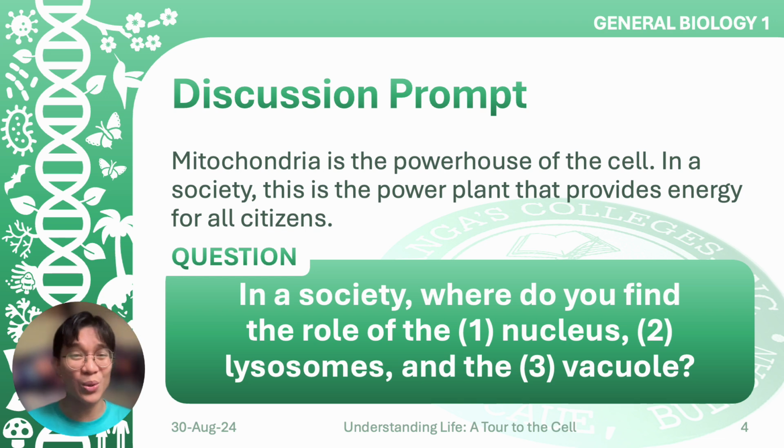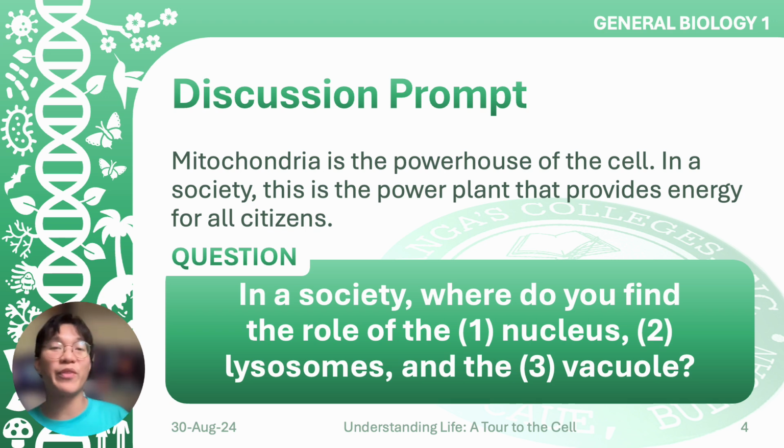You don't see the lysosomes every day, even the vacuoles, the nucleus, and such. You only saw them through pictures or models, or even with the microscope. I think for some of you, you have seen only the nucleus, but not yet the lysosomes and the vacuole. So, what I want you to do is to relate these structures and their functions with the things that are occurring in society.